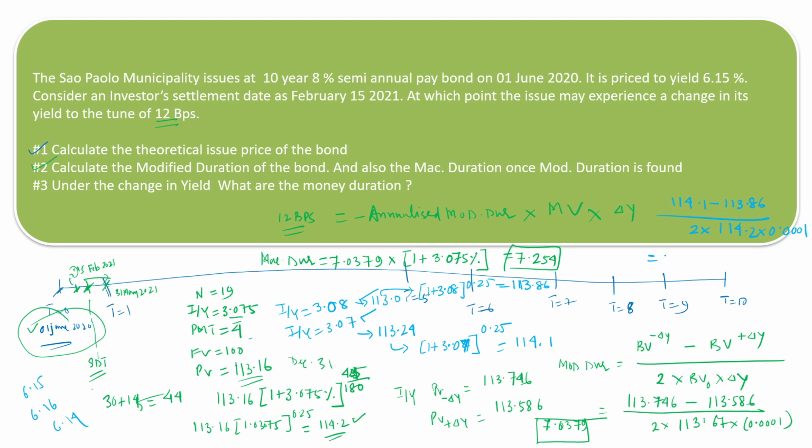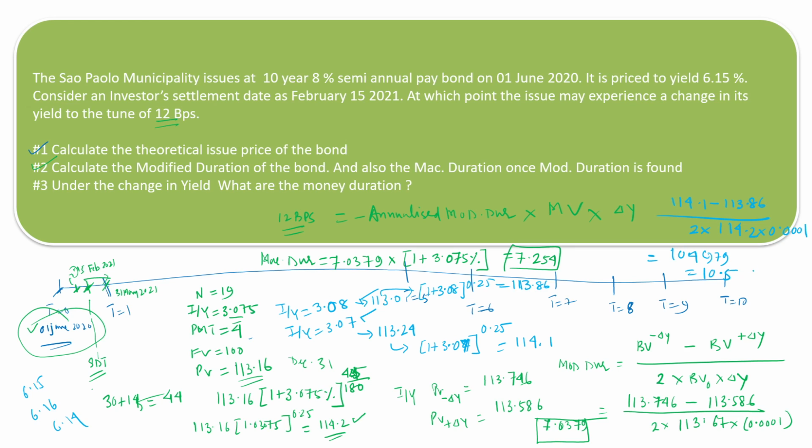Okay, so if we do this math, the new duration measure becomes 10.4979, which is approximately 10.5.